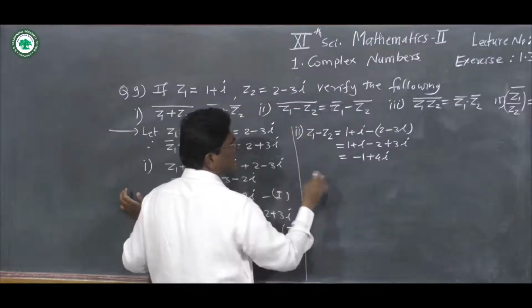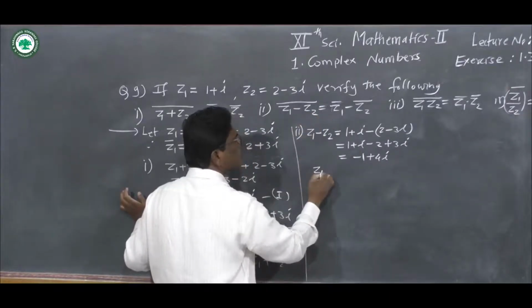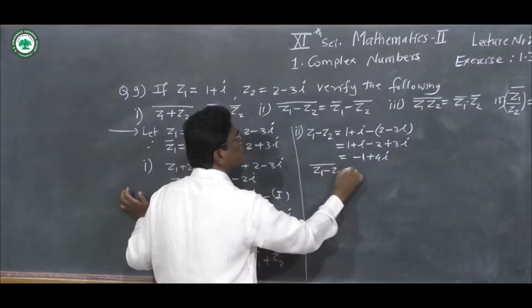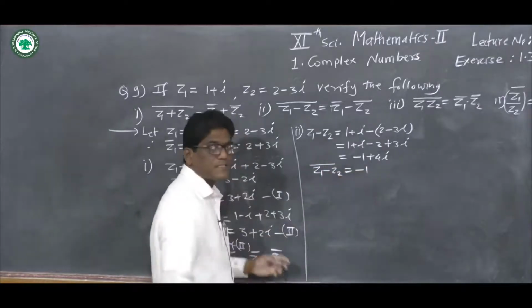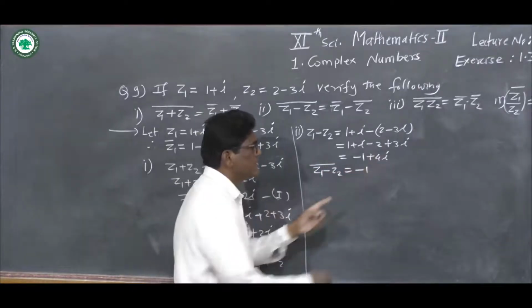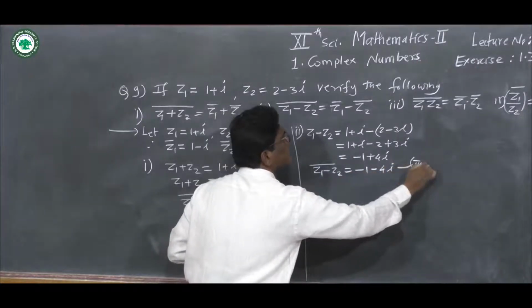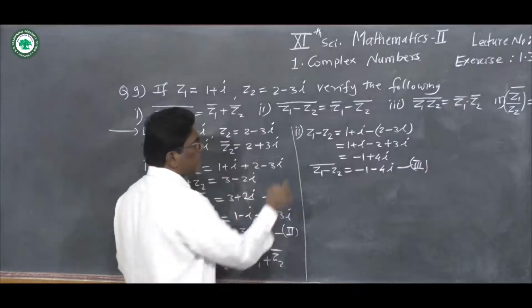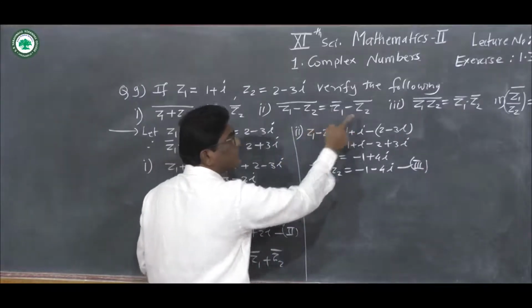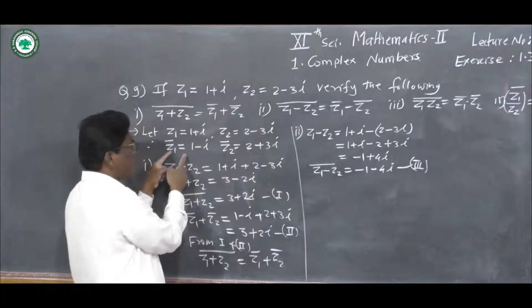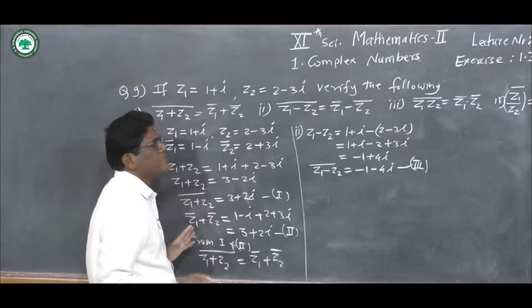Take its bar, meaning conjugate. So z1 minus z2 bar is equal to minus 1 as it is, and change the sign of the imaginary part, it is minus 4i. We call this equation number 3, suppose. Now take z1 bar minus z2 bar. Already we have found z1 bar and z2 bar, only take their subtraction.